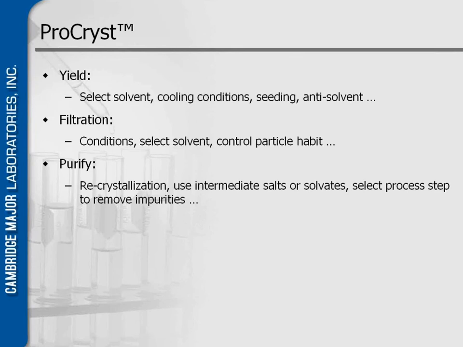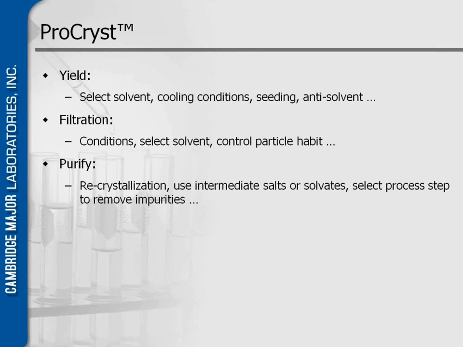Purification. Of course, recrystallization is easily added. You have a process and in the end you don't have a pure product. Well, add another step of recrystallization. But you can also think of removing this impurity at the moment that it is produced, and if it cannot be isolated from your product at that moment, look at different forms, look at intermediate salts, look at possible solvates.